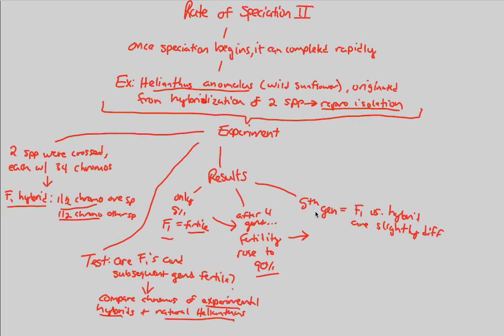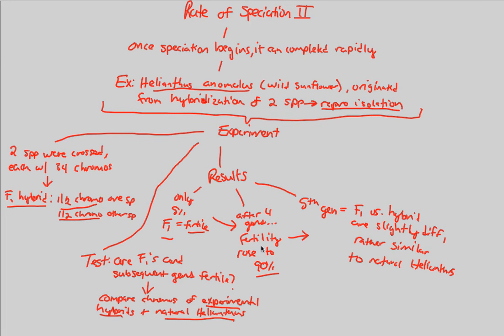What we mean by this is that those of the 5th generation versus those of the 1st generation are a bit different, but they are actually rather similar to the natural Helianthus.